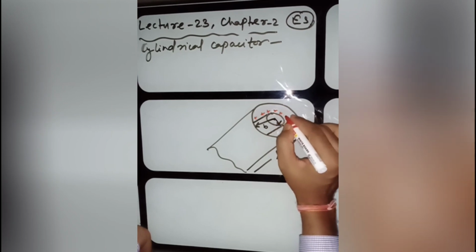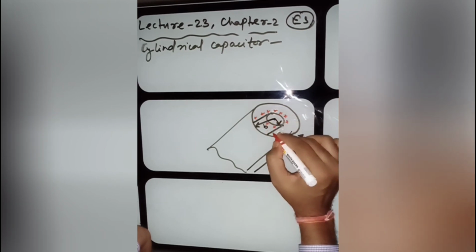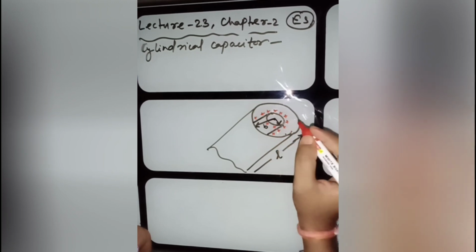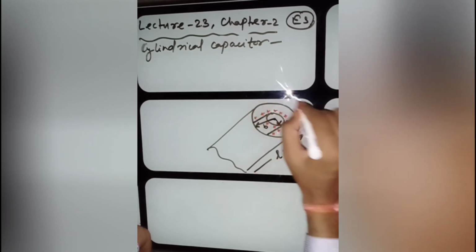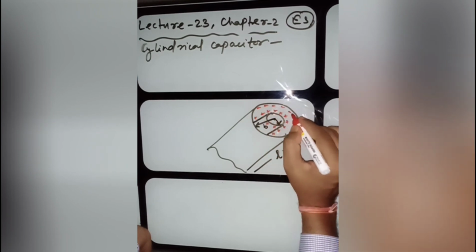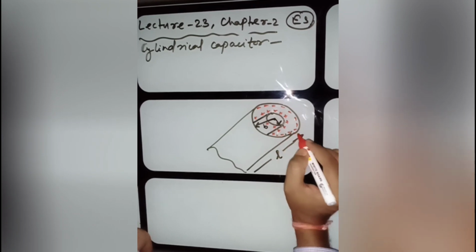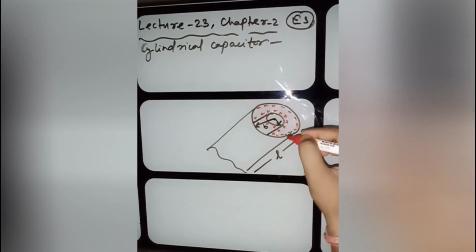We have connected this inner cylinder with the positive terminal of the battery. Now a negative charge is deposited on the outer cylinder.